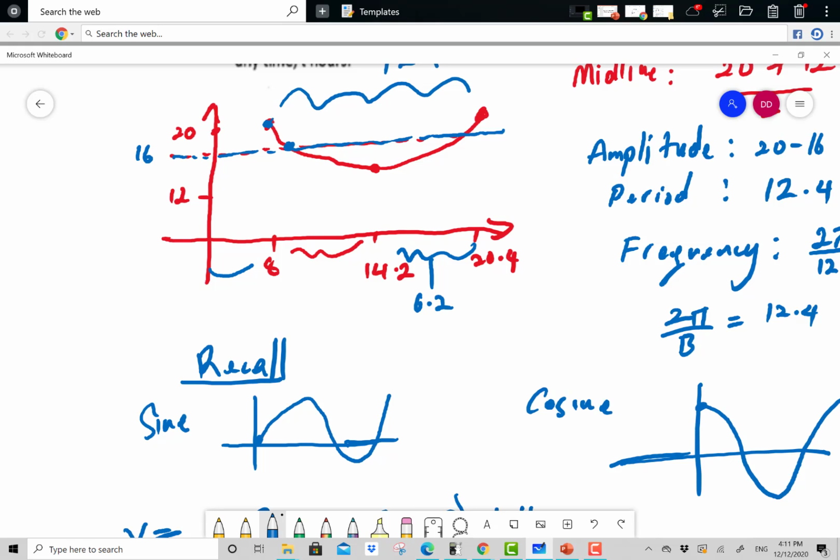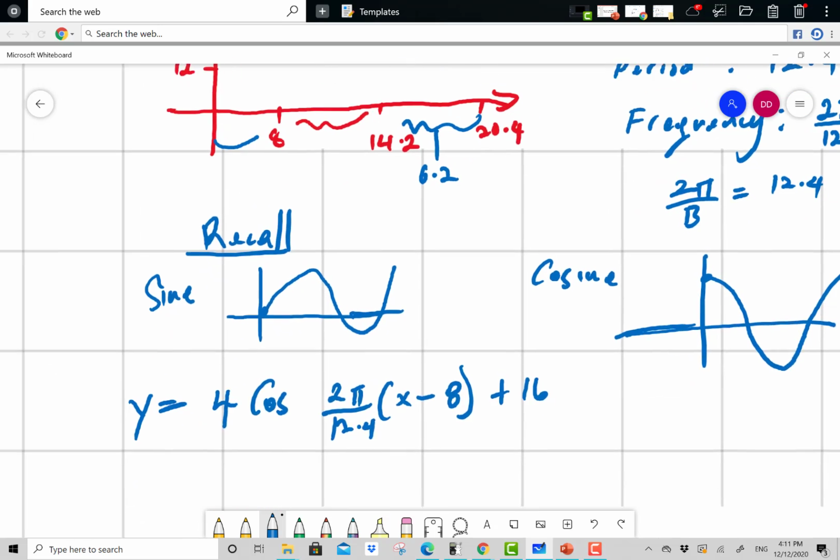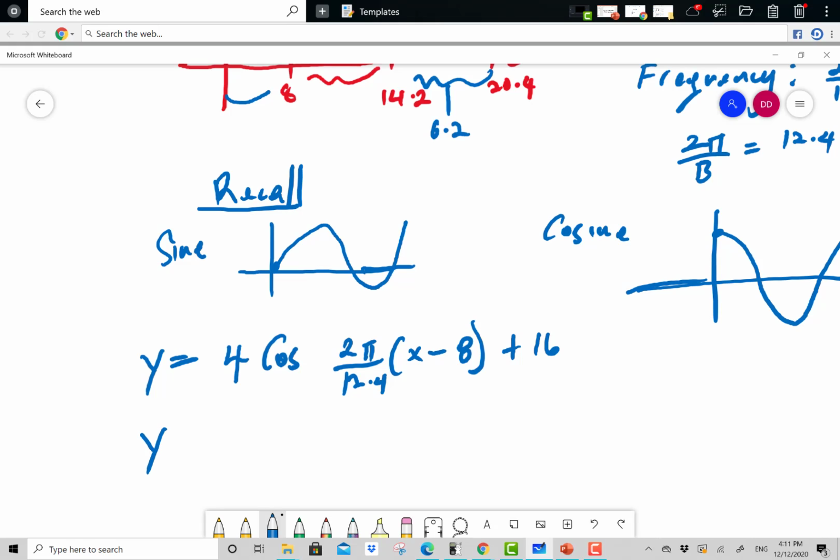To do a reflection over the x-axis, if it's going down, I use a negative. So I'm going to have y equal to negative, the amplitude remains the same, -4 sine, the period and the frequency remain the same. So that's going to be 2π over 12.4 x.